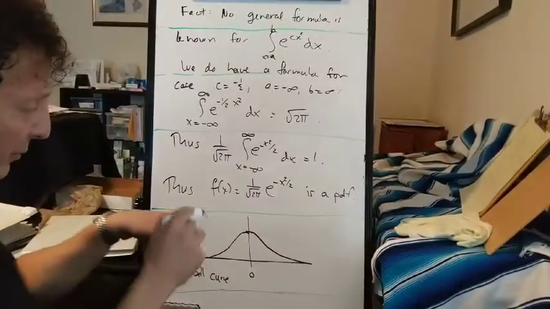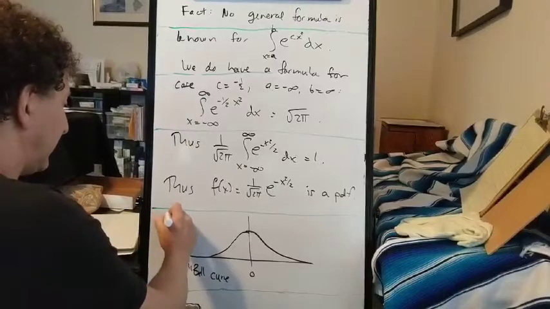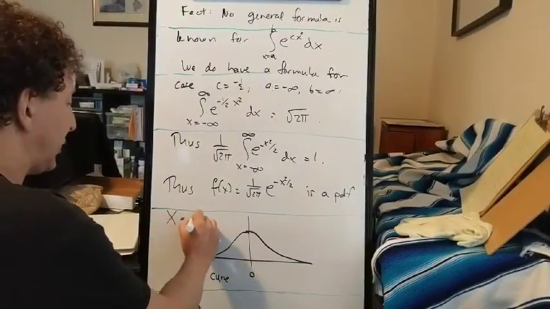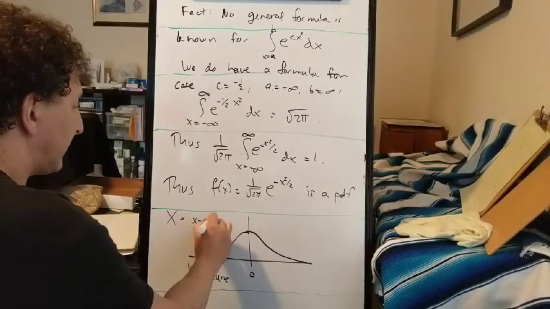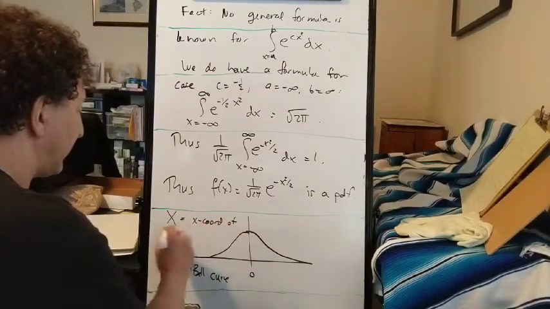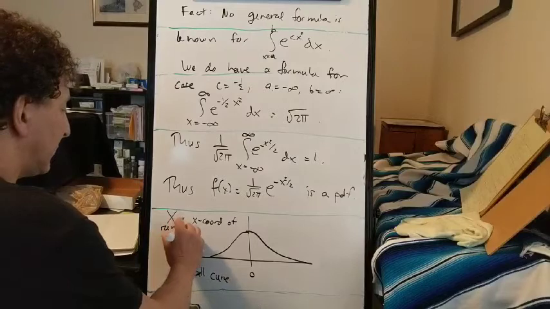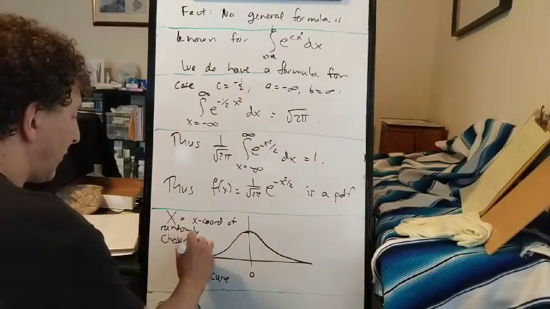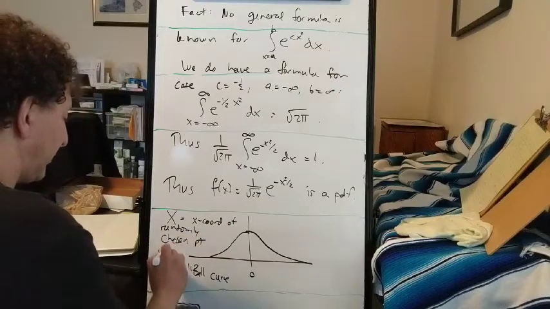All right, so let's say we choose a point under here. Let's say capital X equals the x coordinate of a randomly chosen point under the curve.